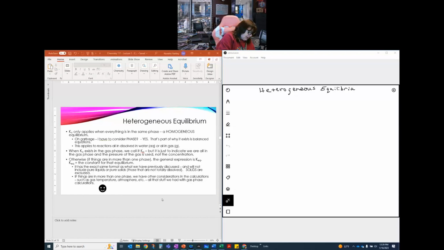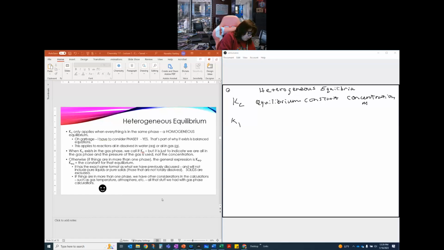So again, Kc is for equilibrium constant. These are all going to be equilibrium constants. Concentration. So it's based on concentration. Everything needs to be in molarity.